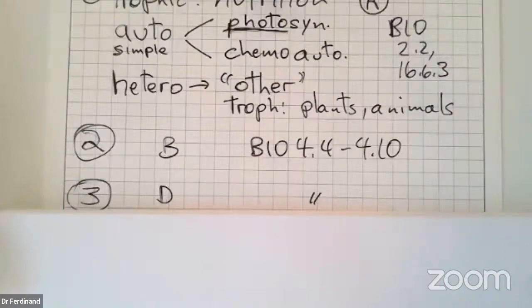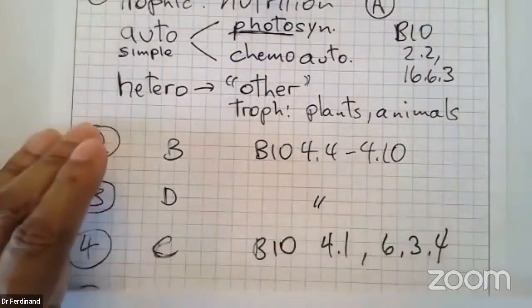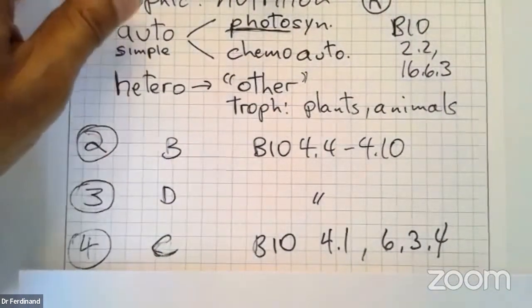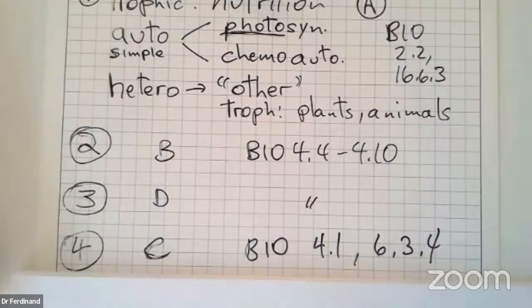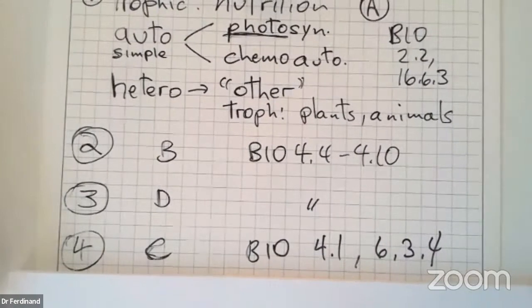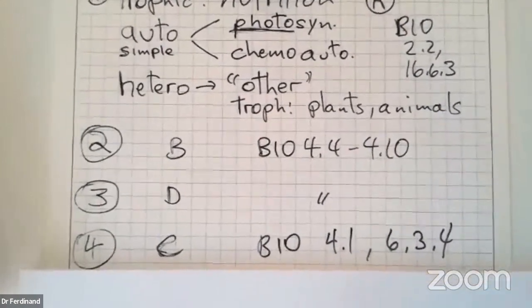But don't forget, 20% of the questions here will end up in the 2022 exam. So that's a spoiler alert for you. The answer is C for 4, and for background information, go to 4.1 or 6.3.4.